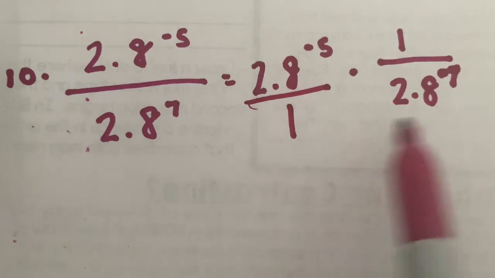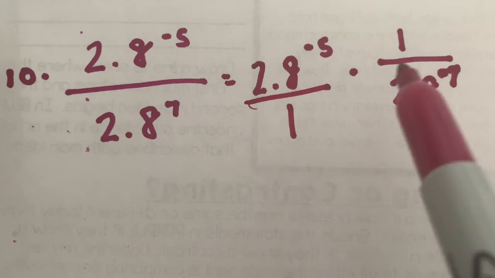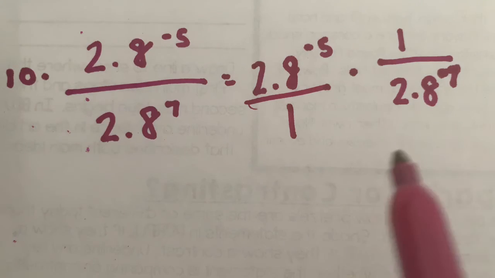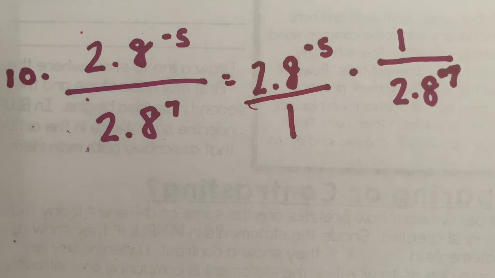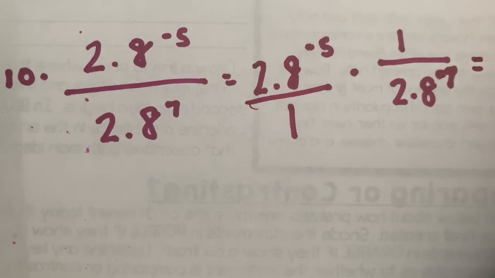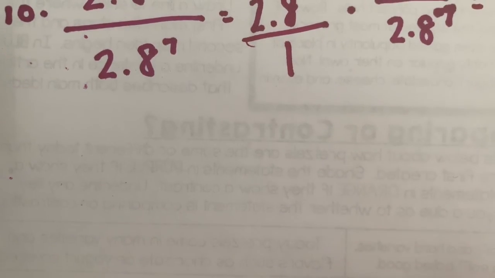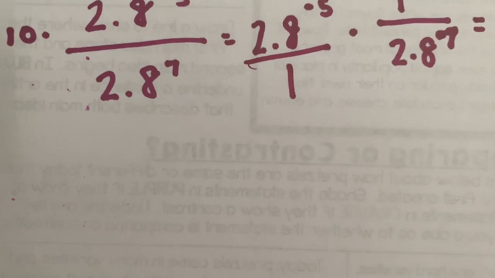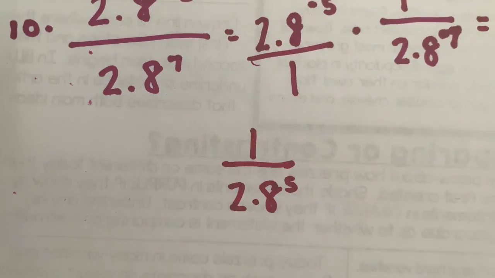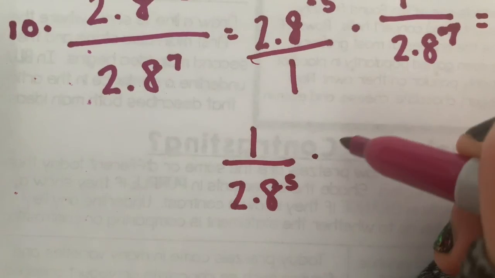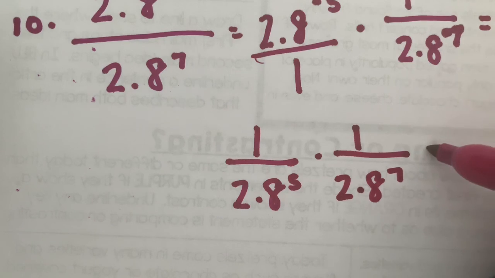But 2.8 to the -5, how do you rewrite that? 1 over 2.8 to the 5th power, times 1 over 2.8 to the 7th power.